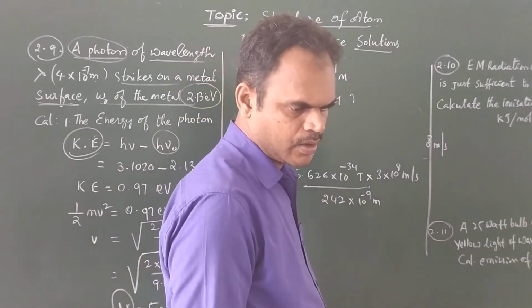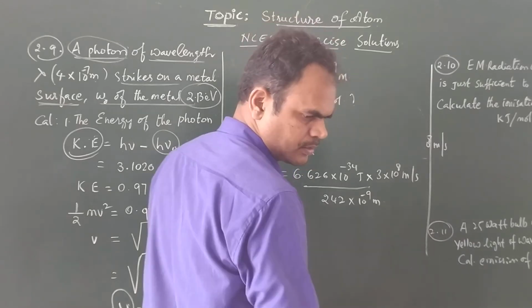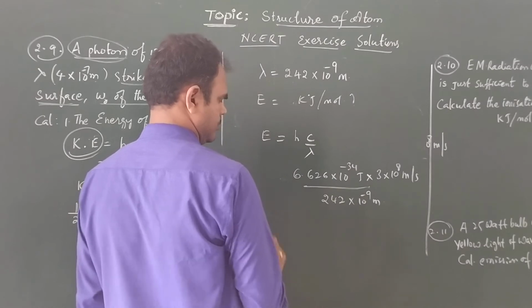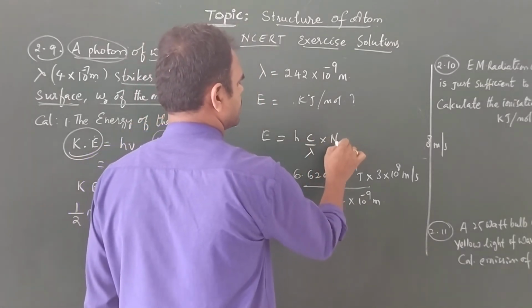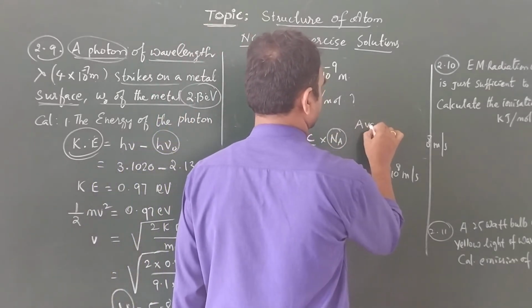You will be getting 4 point something. Then multiply with capital NA. What is capital NA? It indicates the Avogadro number.